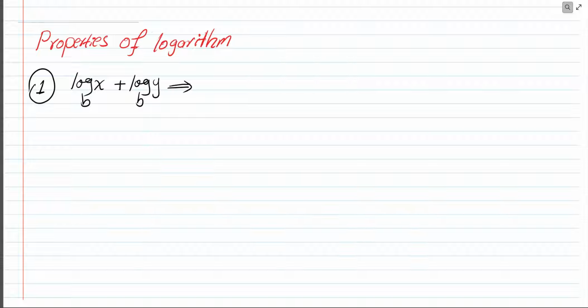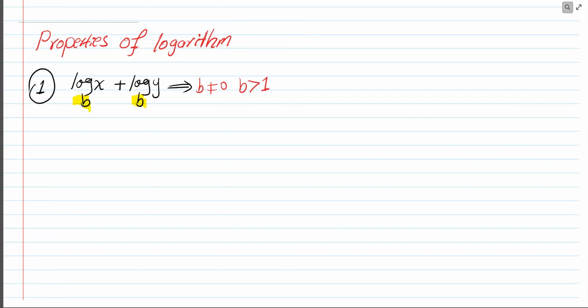The first one, which we call the product property or multiplication: when you have two logarithms with the same base, log base b of x plus log base b of y, we can multiply, since you see they have the same base. And b, by the way, students, has a condition: b should not be 0 and b should be greater than 1.